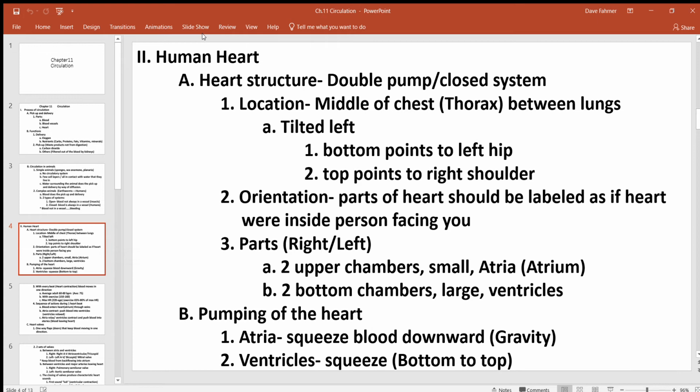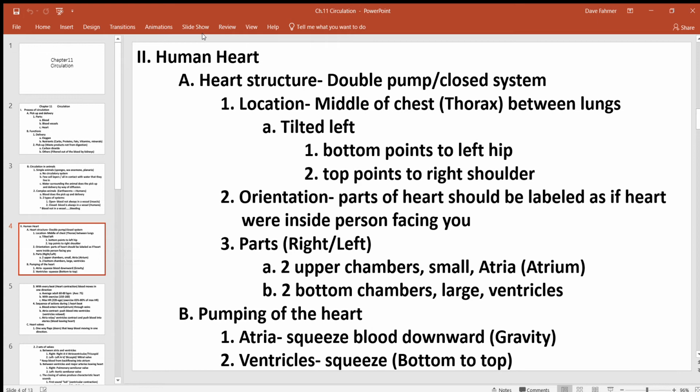One of the things that gets a little bit misunderstood is the location of the heart. A lot of times people think that the heart is slightly on the left side of your chest, when in fact it's pretty much in the middle of your chest. But it does have some orientation differences.